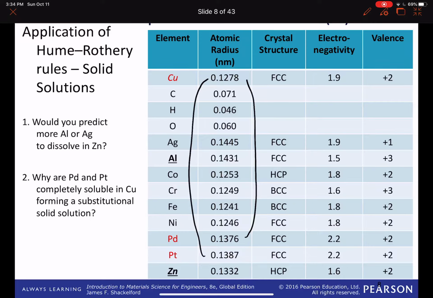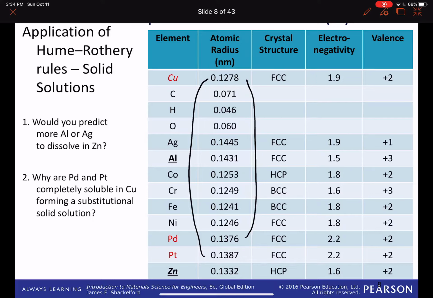We should get something like 0.0127 divided through by the host radius, so divided through by the copper radius, 0.1278. And so you should get something about 10% difference between the platinum's radius and that of the copper. The value of palladium is even closer, so certainly less than that 10% difference.